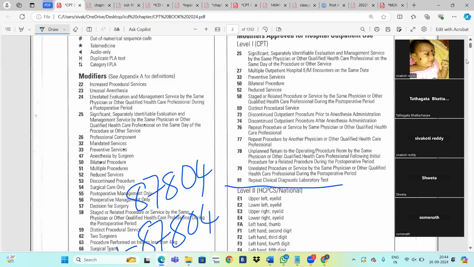At that time you need to add a modifier. For the second procedure, you code the CPT and add the modifier. The second CPT always needs a modifier.